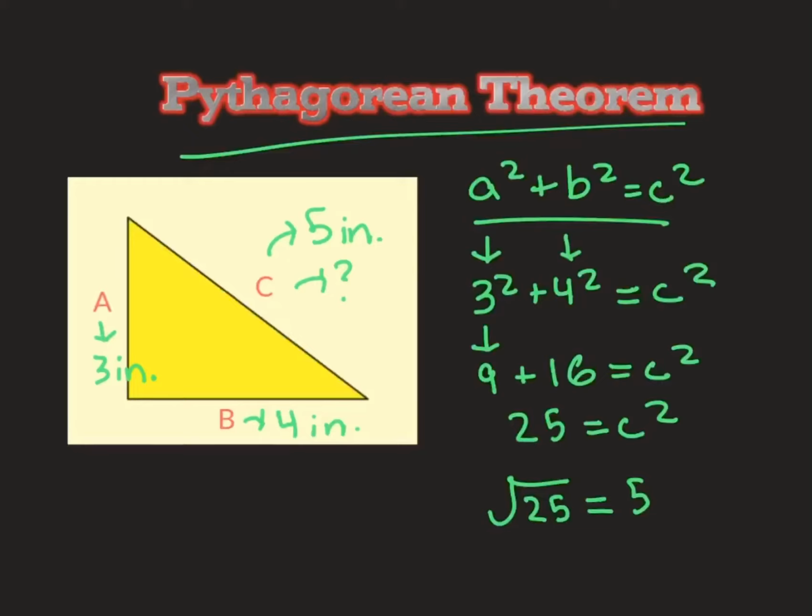We are able to use our knowledge of what these side lengths are to plug them into the equation and to find out what the missing side length is, because we know that the missing side length is the square root of 25 and the missing side length is 5. So that's how you use the Pythagorean theorem, and that is how you're going to find the missing side lengths of the triangle.